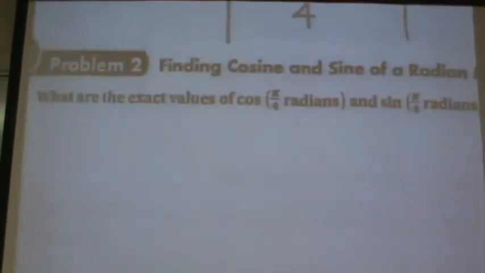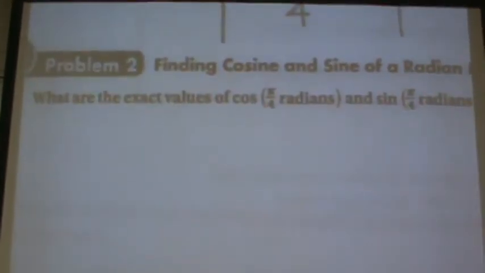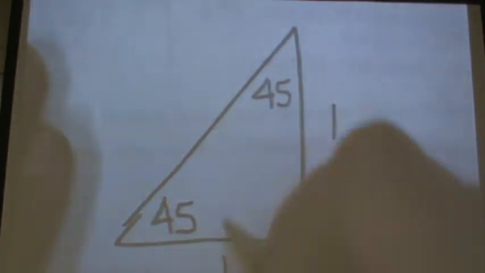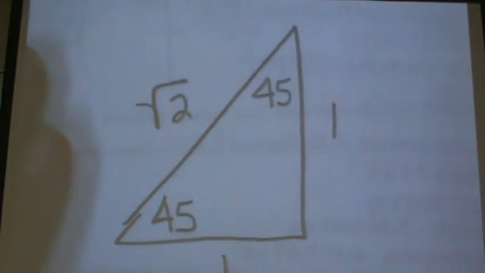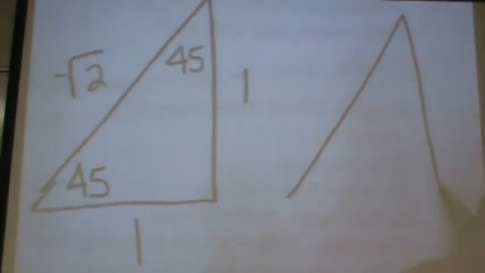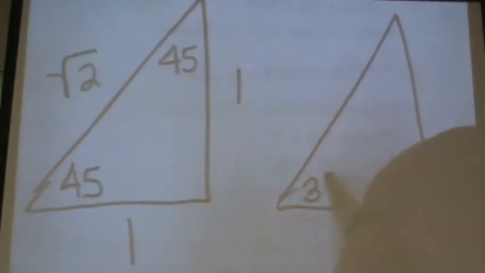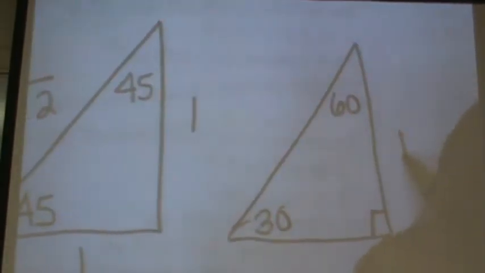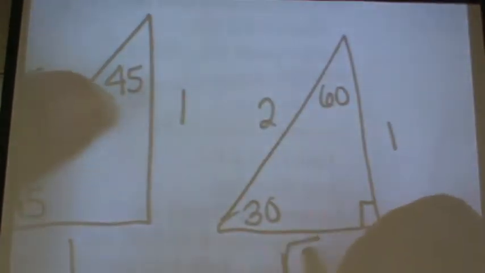Exact means the 2 special triangles. When we're talking about a 45, 45, 90, I want these exact measures, these ratios. When I'm talking about a 30, 60, 90, this is what you remember: 1, 2, root 3.